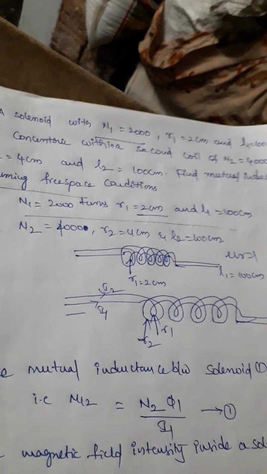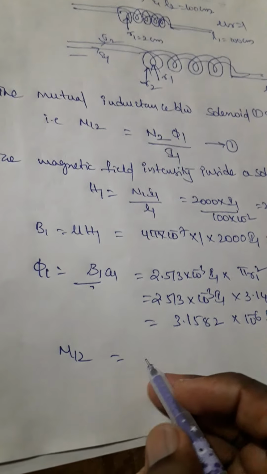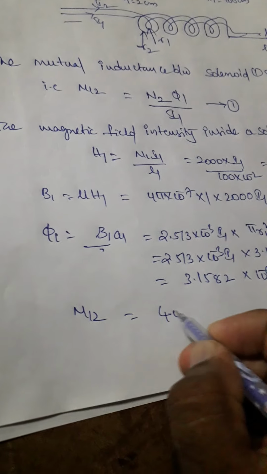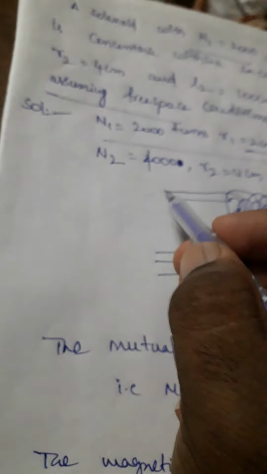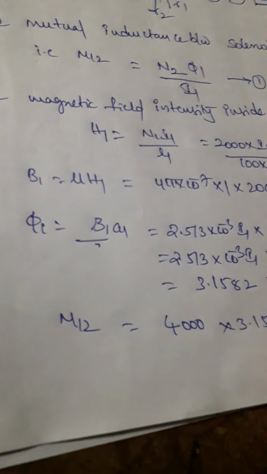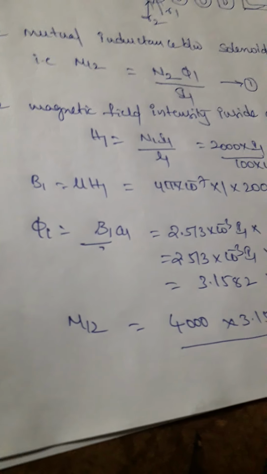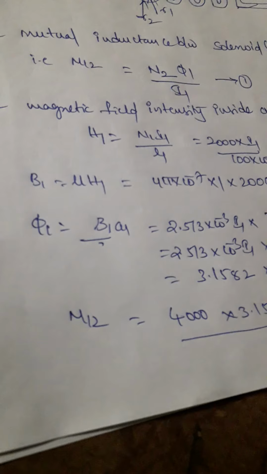So then mutual inductance M12 is equal to N2. The N2 value is 4000 turns. So 4000 into phi1, which is 3.1582 into 10 power minus 6 I1, divided by I1.